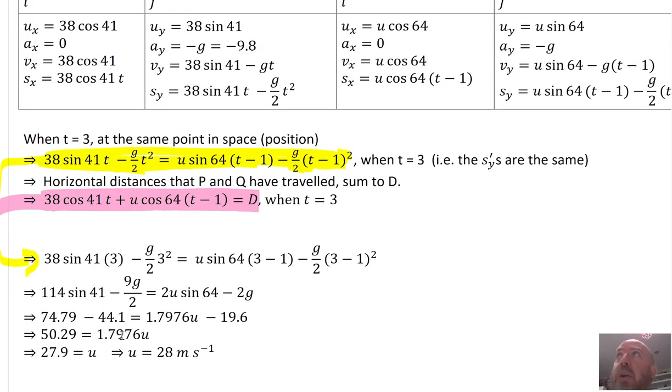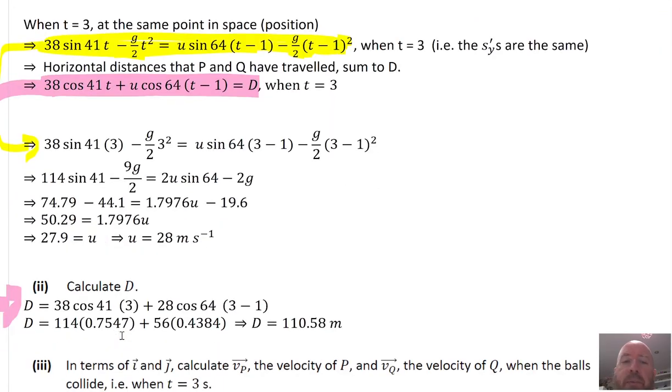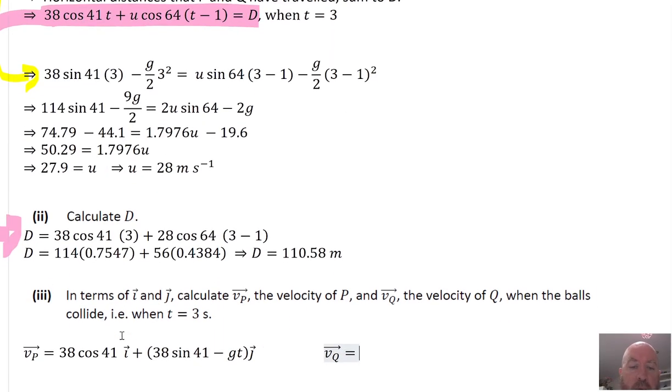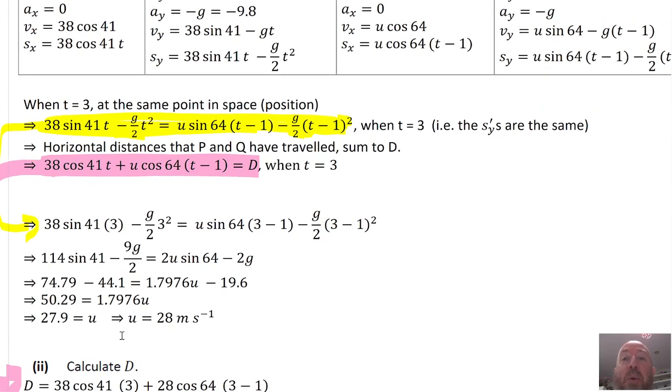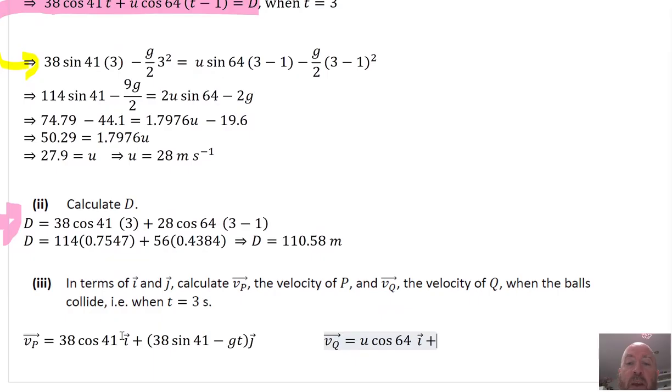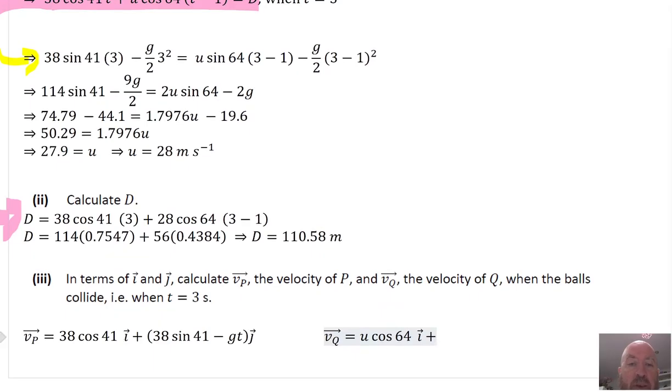And this one is Vx is u cos 64. So u cos 64 i. Now I know we know what u is and we know what t is, but we're just writing it down just to make sure we get full marks for this thing. It's an extra probably 10 seconds to write it all down first. u sine 64 minus g(t minus 1) j vec.